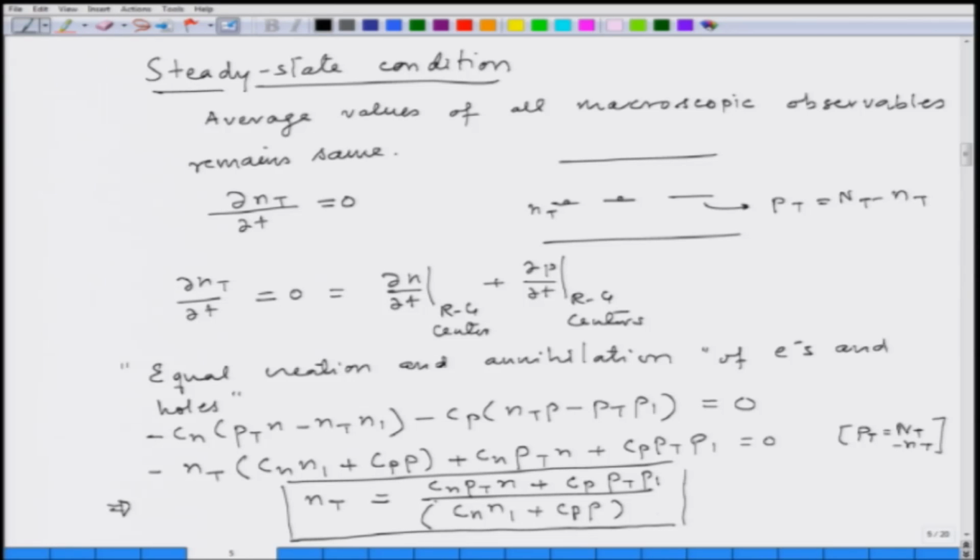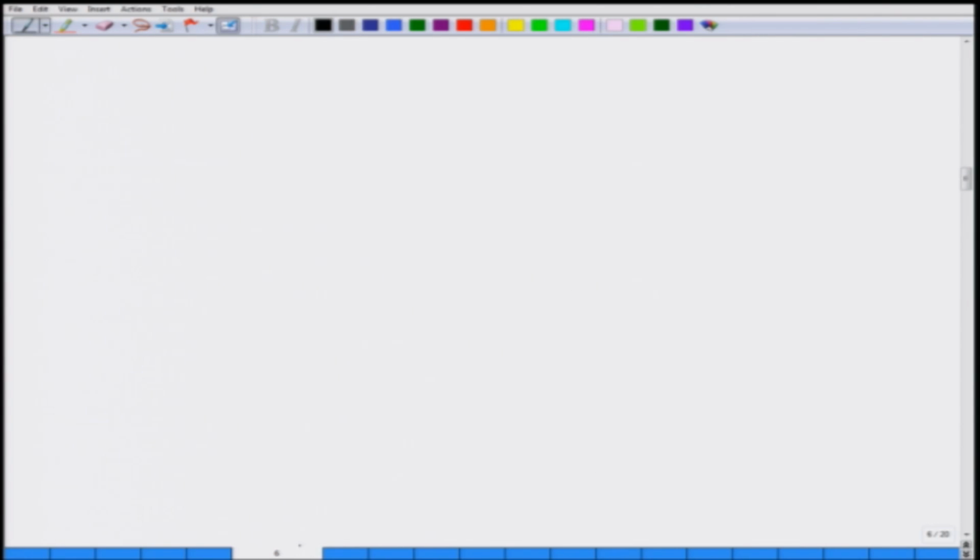And from this expression, since we have both n_t and p_t on both sides, I would like to change that into only an n_t expression. So, let me write the simplification for this.